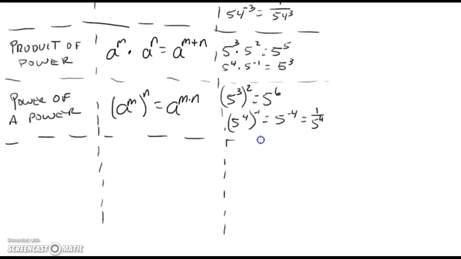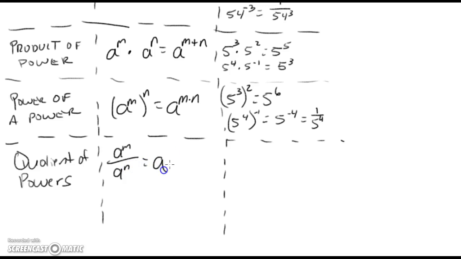We're going to jump into the last one that we're doing today. This is quotient of powers. And as you can see here, we will use this as division. That's what quotient means, is division. So I have any base to an exponent divided by the same base to a different exponent is the same thing as subtracting the exponents.